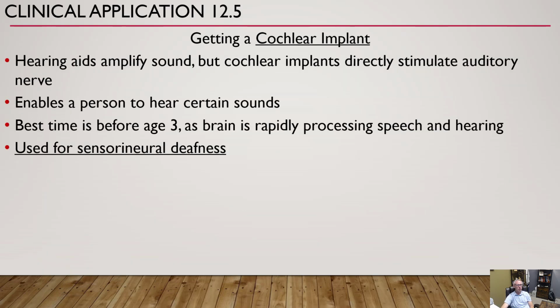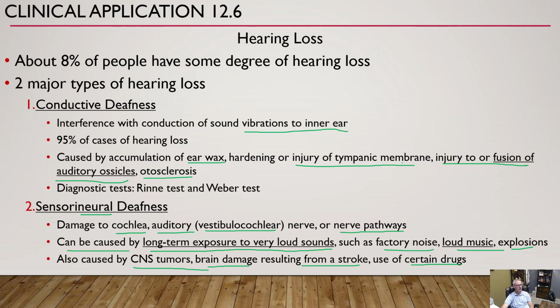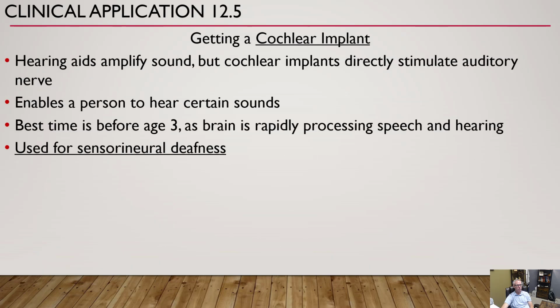All right, so we talked about sensory neural deafness and conductive deafness. So we can treat sensory neural deafness by getting a cochlear implant. Basically, these are not hearing aids.